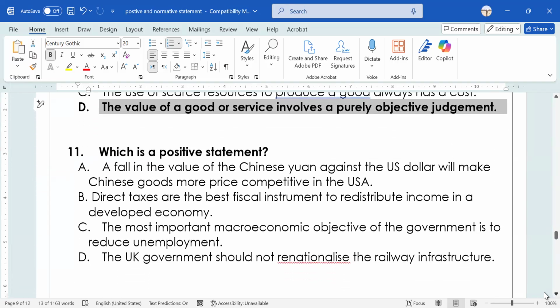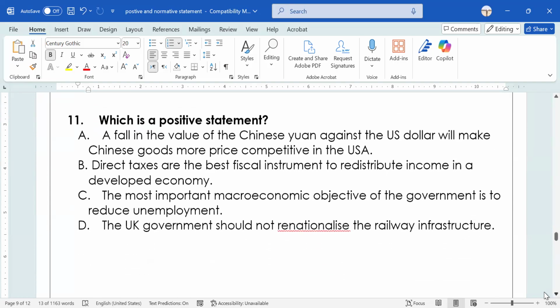Number 11, which one is a positive statement? A fall of value of the Chinese yuan against the US dollar will make Chinese goods more price competitive in the USA.